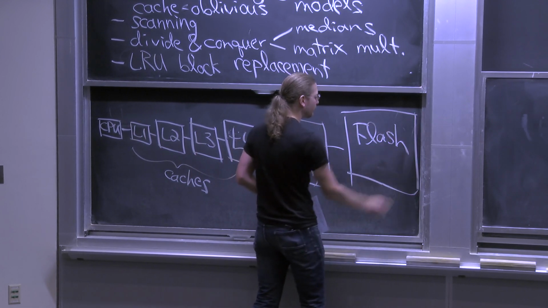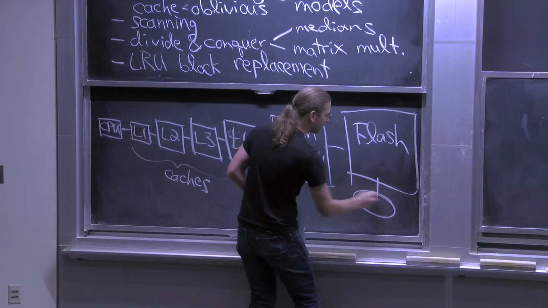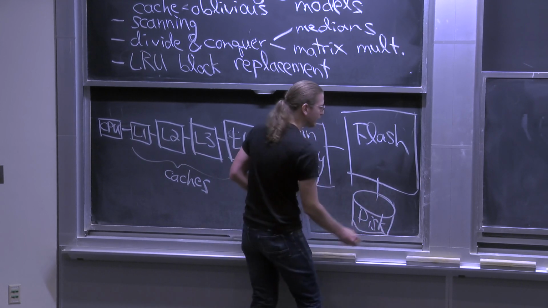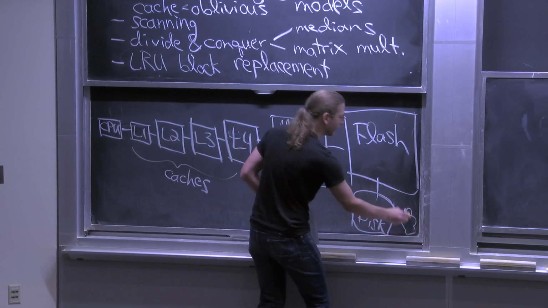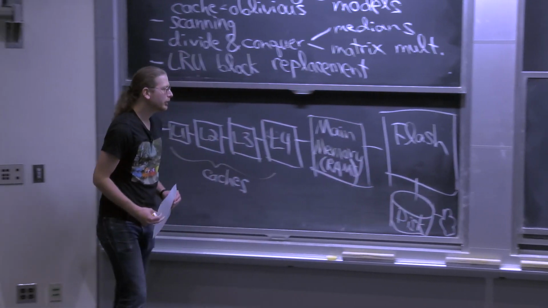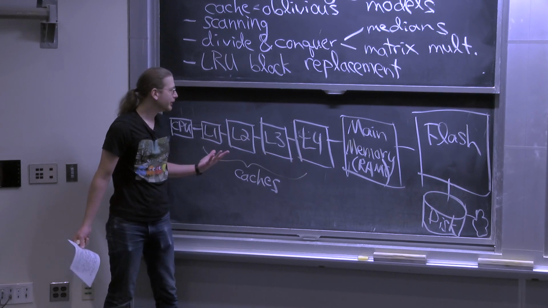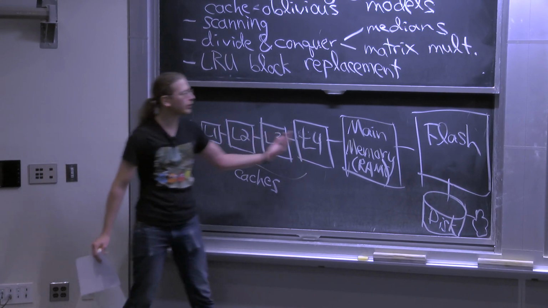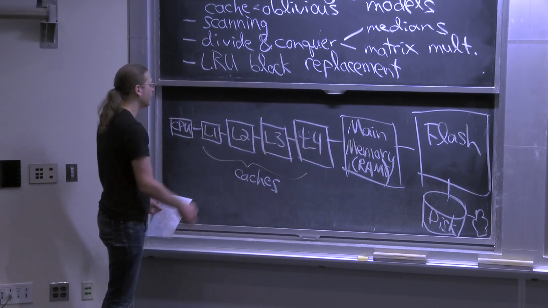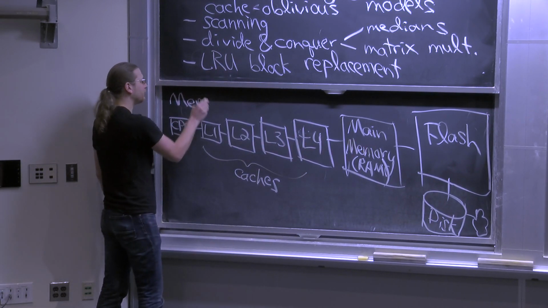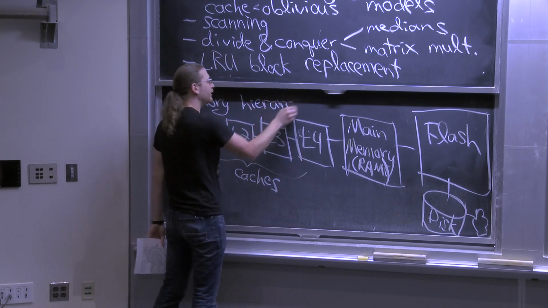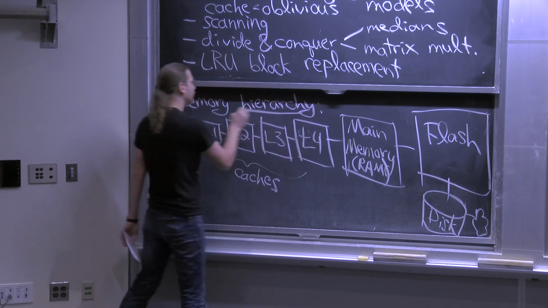If you have a fancier computer, you have flash, which is maybe caching your disk, which is huge. And then maybe there's the internet at the end, if you like. So the point is, all the data in the world is not on your CPU. And there's this big thing, which is called the memory hierarchy, which dictates which things are fast and which things are slow. Not exactly which data items, that's up to you.